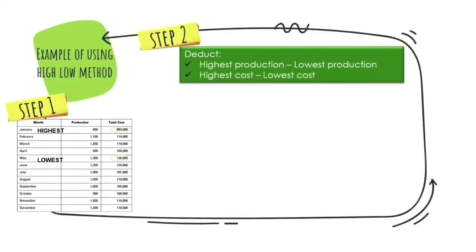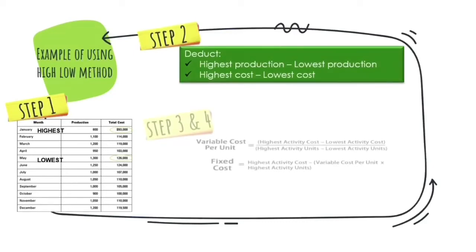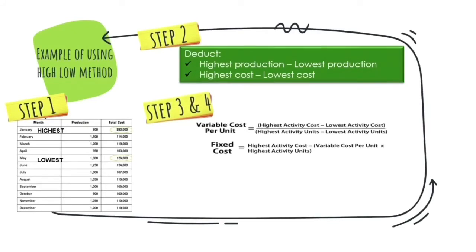After you have done step 2, you will get the answer for both categories, which you need to use to calculate the variable cost. Followed by steps 3 and 4.